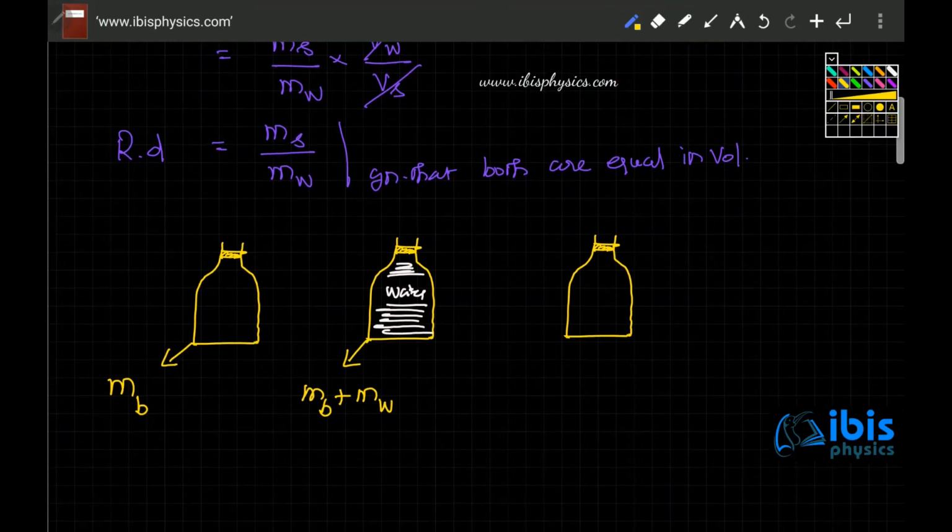Now whatever substance you would like to find the density or relative density of, you fill the bottle with that substance.